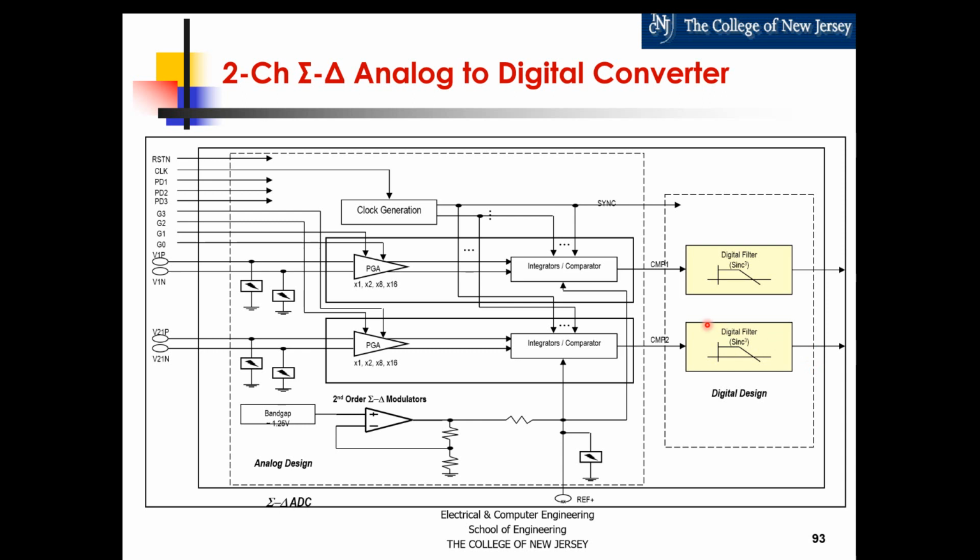So we're going to design this. But the point here and the context is that you could model all of this behaviorally in Verilog just to have a test bench to test your digital filter.